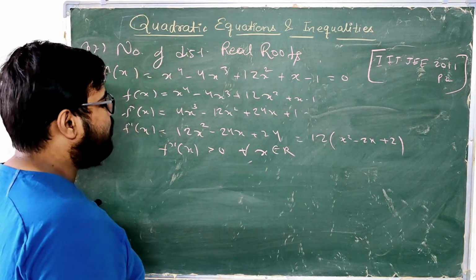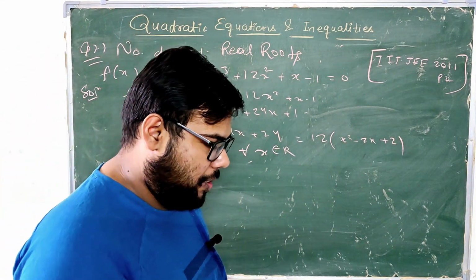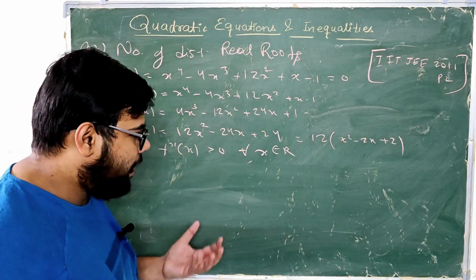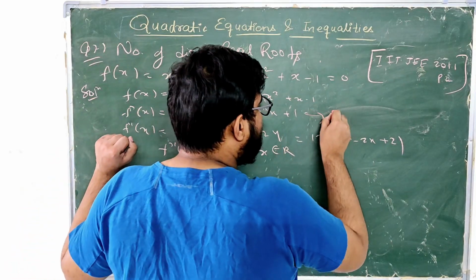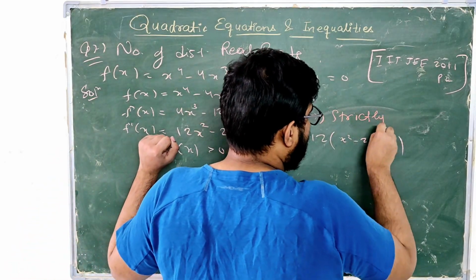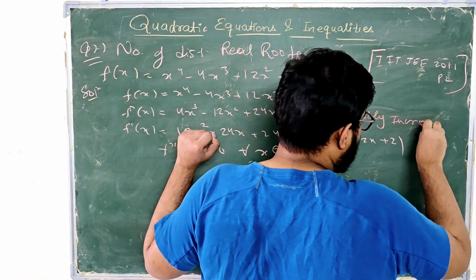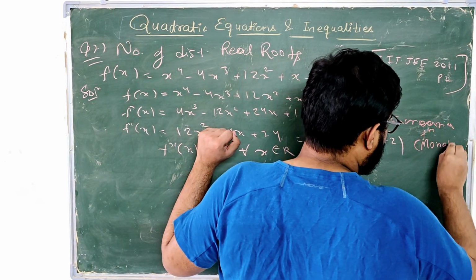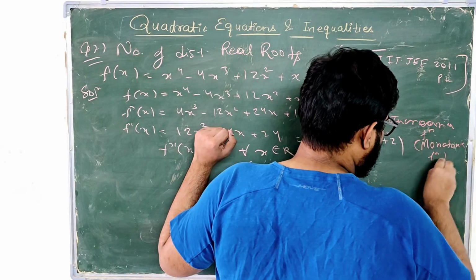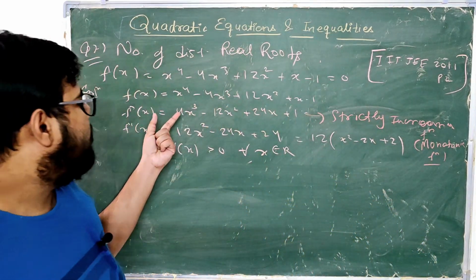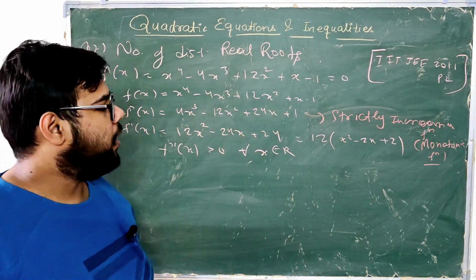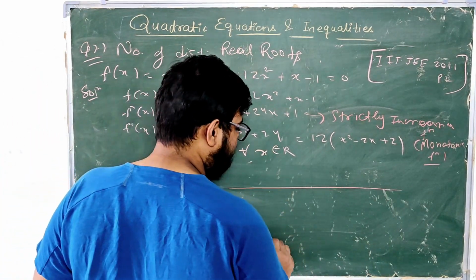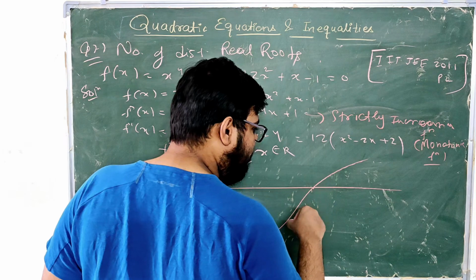Okay, so it means that since f dash of x is always increasing, this is a strictly increasing function. This is a monotonic function. And since it's a cubic equation, it will cut the x-axis at least once.